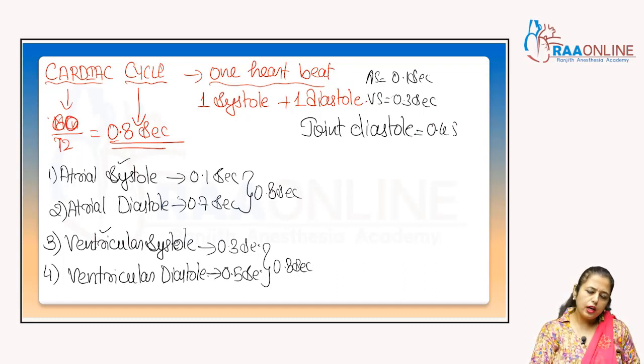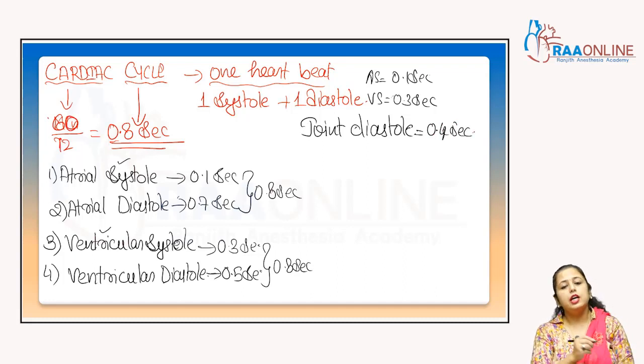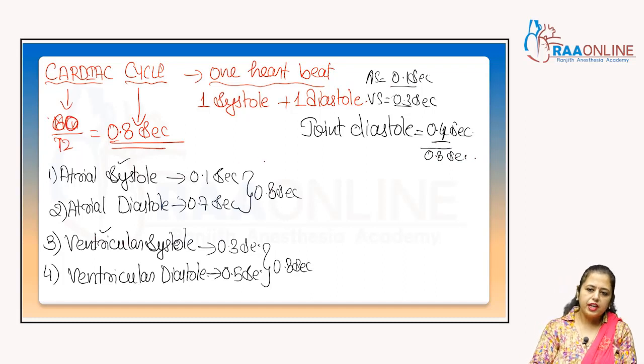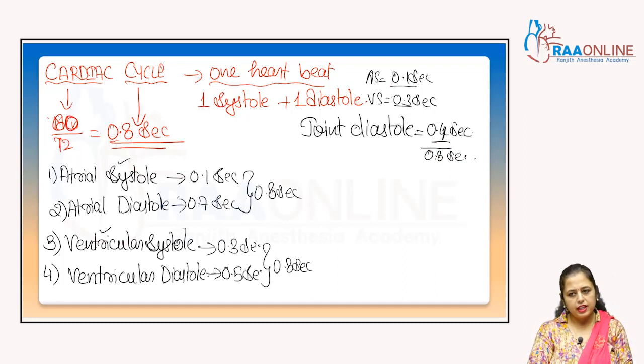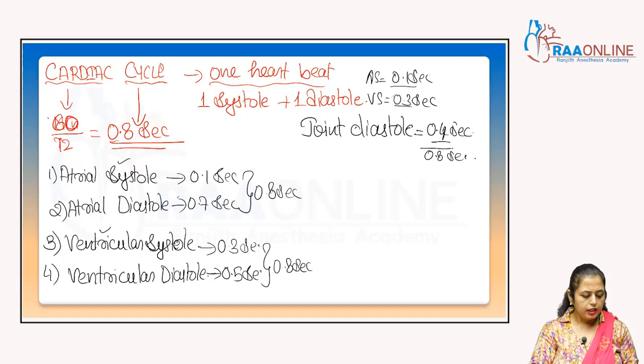The joint diastole is that particular time duration of the heart at which the atria and ventricles are both in a relaxed condition. There is no contraction in atria and ventricles. When we total it, that is 0.8 second. We can calculate it like that or like that also.